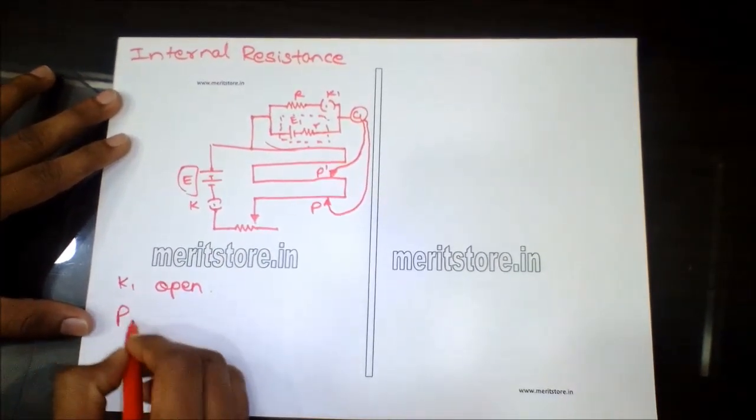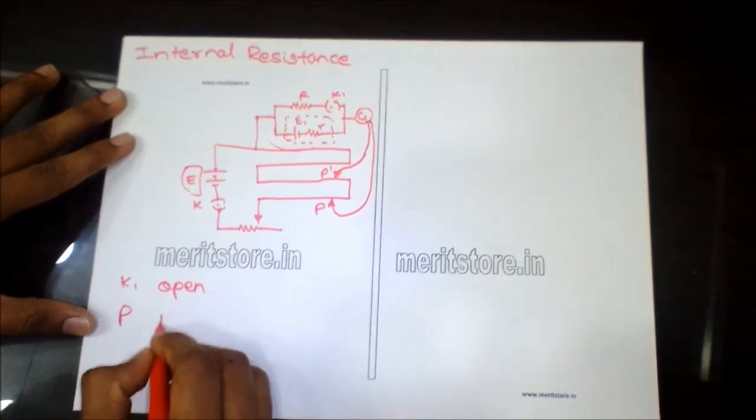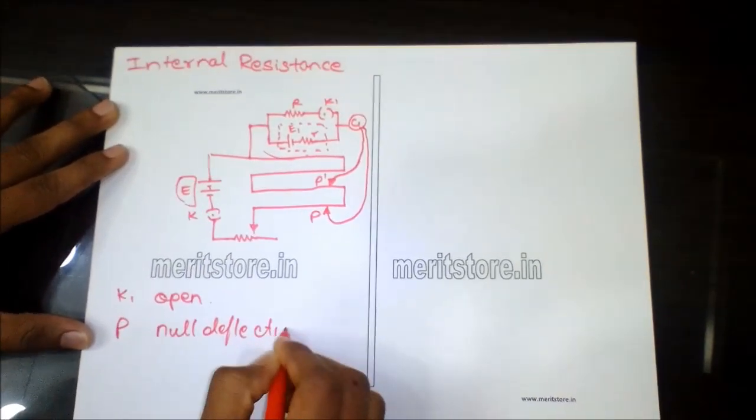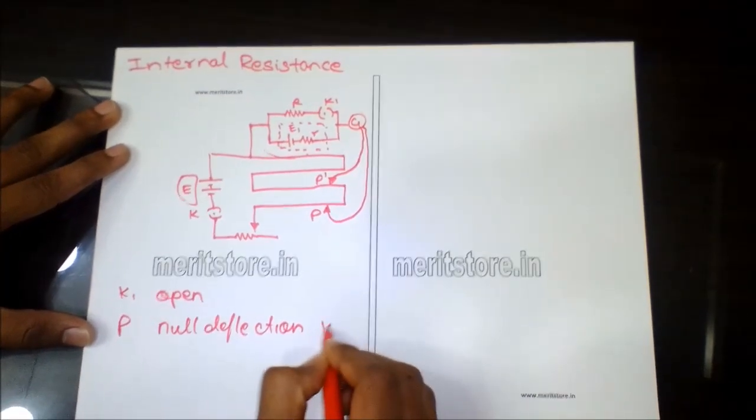Suppose the point P is obtained where null deflection is seen when K1 is open.